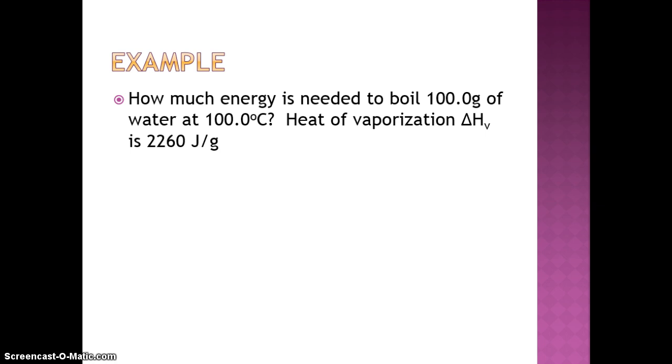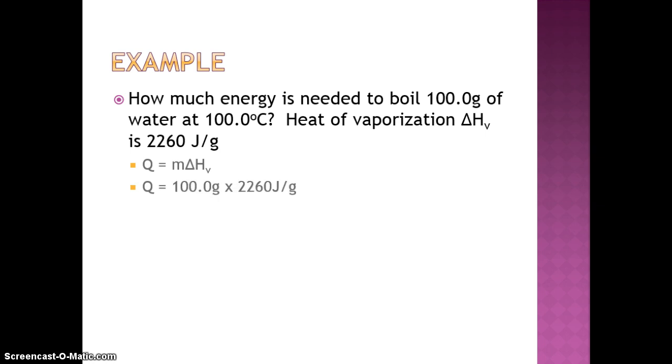So here's an example of a problem you may come across. Let's go back to me heating the boiling water on the stove. Let's say my little pot contains just 100 grams of water, and it's at 100 degrees Celsius. The heat of vaporization, as I said, was 2,260 joules per gram. So now I'm going to use this equation because I'm going to need to multiply by the mass to get rid of those grams.